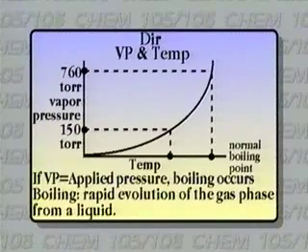That would be its boiling point at the pressure that we are applying. So boiling is a phenomenon related to the applied pressure. If we want to force something to boil at a higher temperature than its normal boiling point, we can increase the applied pressure.